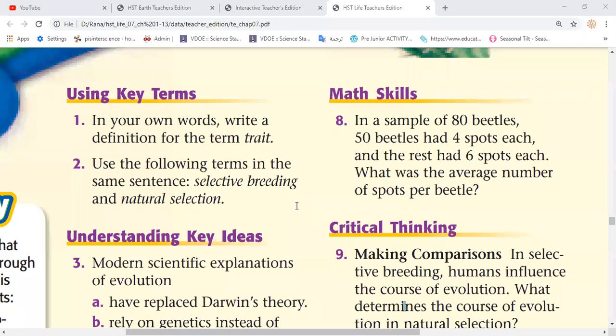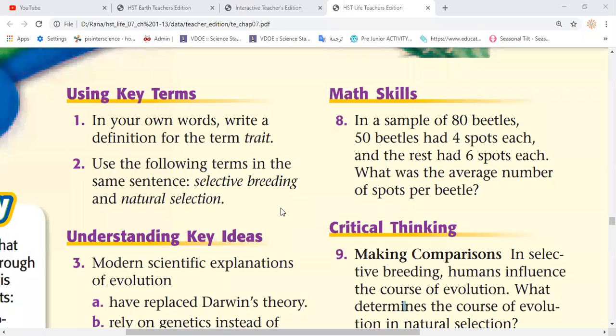Clear, guys? Do you know what the difference is? Is it clear, the difference between selective breeding and natural selection, guys? Anyone don't understand the difference between them? Need to clarify it more? Clear for everyone?